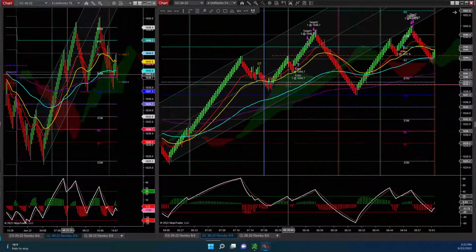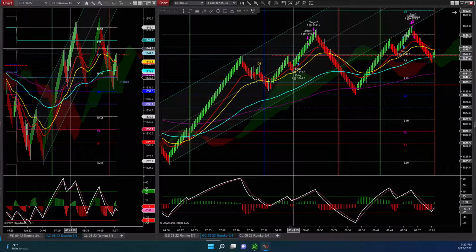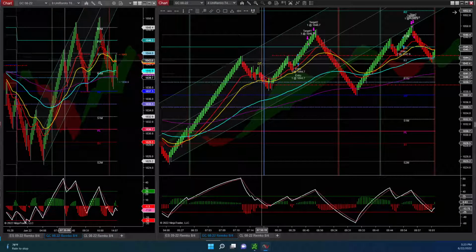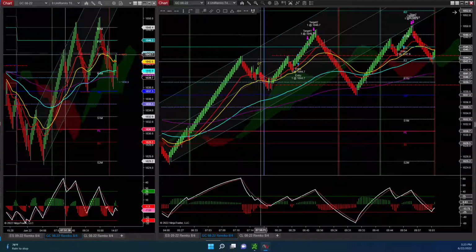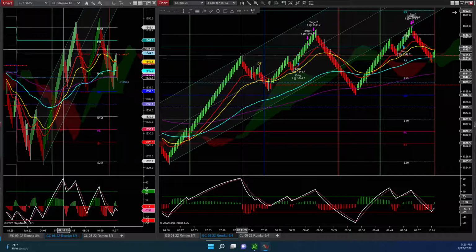So let's see here. In this area, you're breaking out of this double top. Basically, it's not marked as a double top here because there's a kind of in-between area, but this one is clearly a double top.